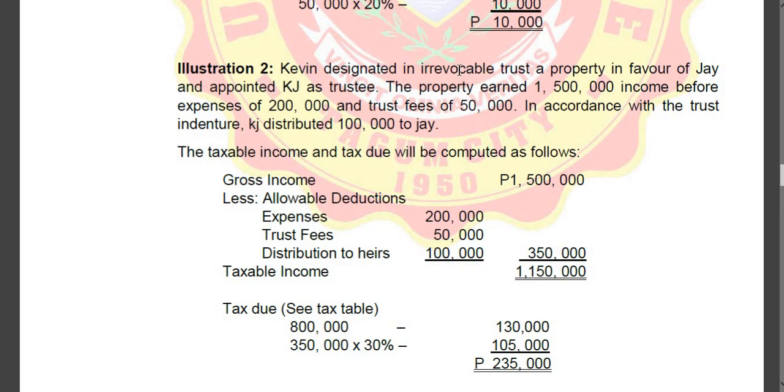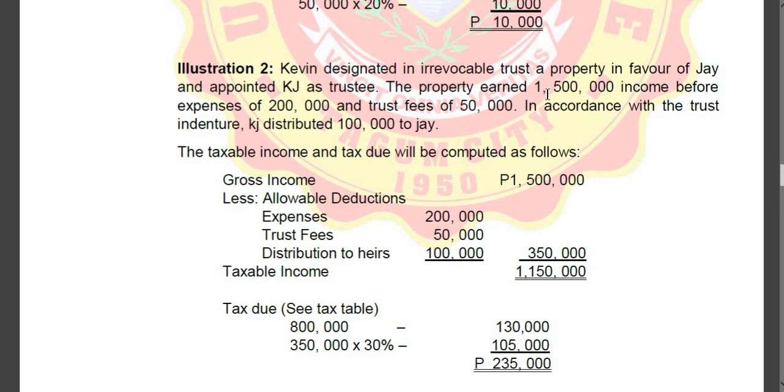Yung nag-administer or yung trustee or the fiduciary is KJ. Para daw in favor of J. So maybe in the future, based on the directives of Kevin, yung property will become the property of J.